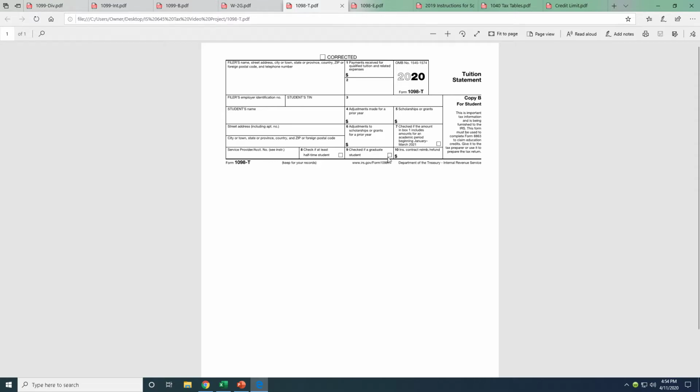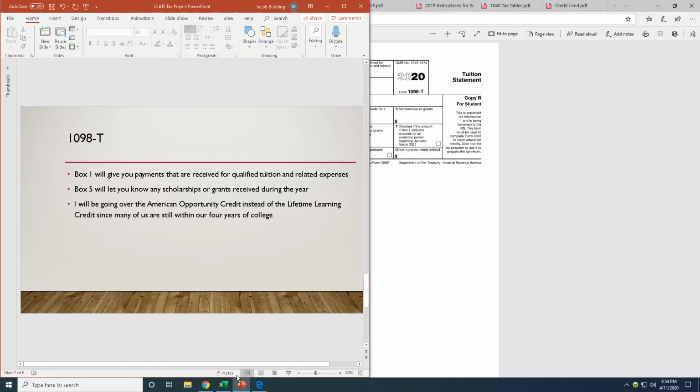And so if this is checked, it would be completely different, but we're going to be using the American Opportunity Credit since most of us are within our 4 years right now. All right, let's see if there's any information that I missed. So yeah, I'll be going over the American Opportunity Credit, which is a better credit.